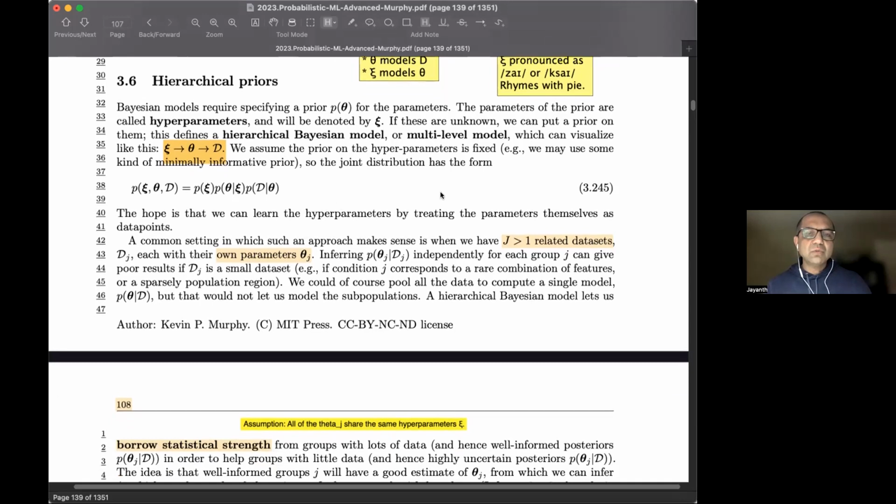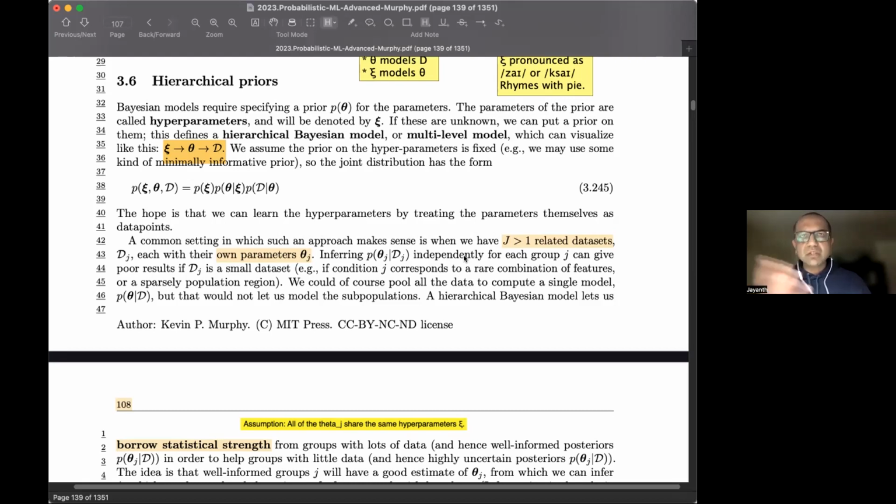He says that this is used for cases where there are multiple data sets, all from the same area, if you will. He has given a couple of examples. One is sets of rats and studying diseases among them, and another is the performance of school children in different schools.